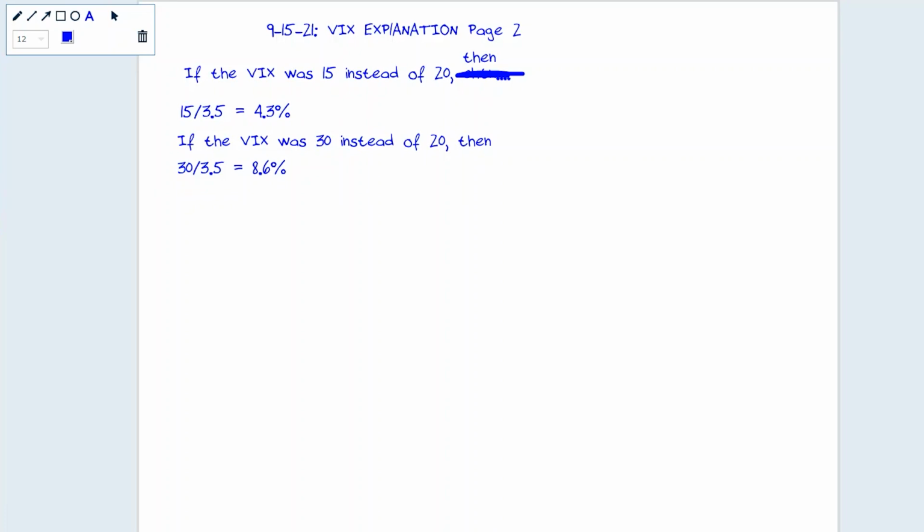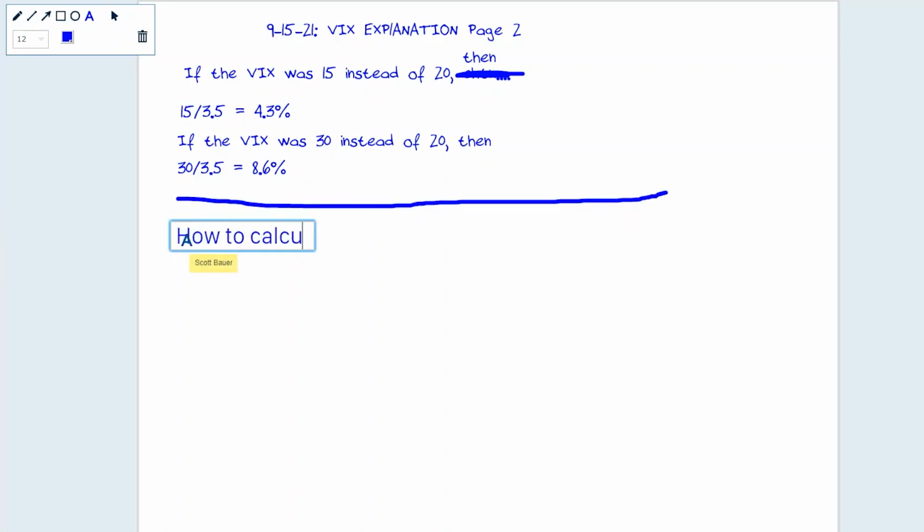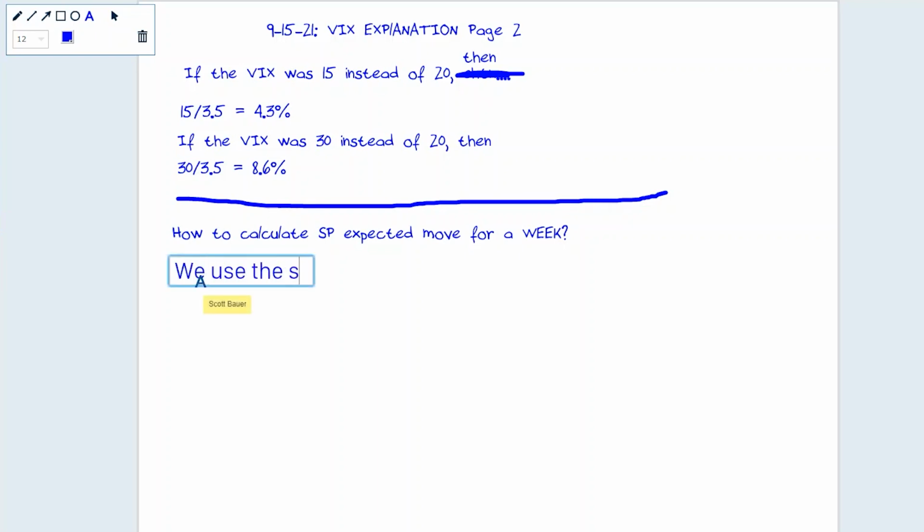Now, let's do that for a week, rather than a month. Let's break it down to a week. If you use the same logic, when we were doing it for a month, 12 months in a year, we took the square root of 12. If we do it for a week, we use the square root of 52 as our denominator.